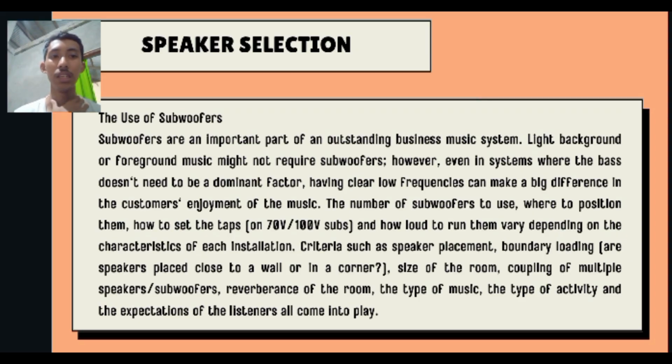Criteria such as the speaker placement, boundary loading, are speakers placed close to a wall or in a corner, the size of the room, coupling of multiple subwoofers, reverberance of the room, the type of music, the type of activity, and the expectations of the listener all come into play.